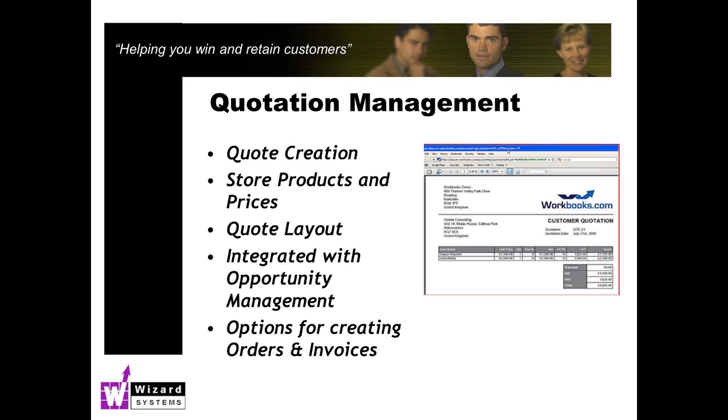It's not an accounting system, say like Sage or QuickBooks might be, but if you've got some very simple, very straightforward order processing requirements, you could do all that in Workbooks, which makes things really simple for you. And many of our customers do a lot of their order processing in Workbooks because it's just an easy way of having it all in one application, all there for you.